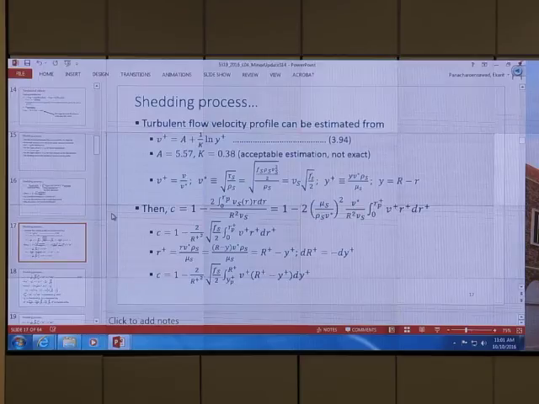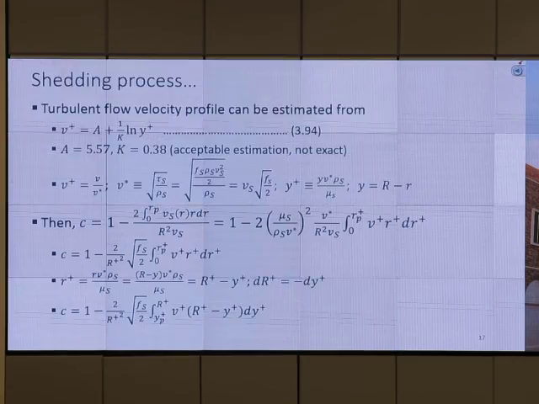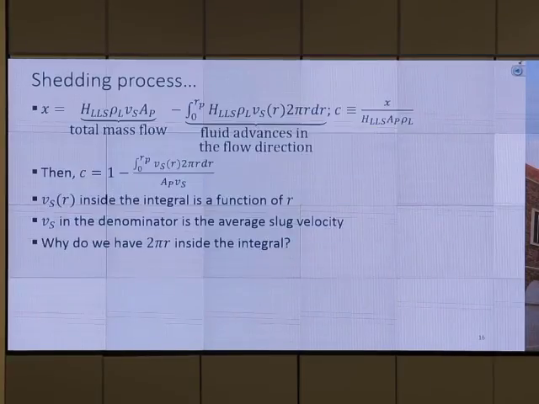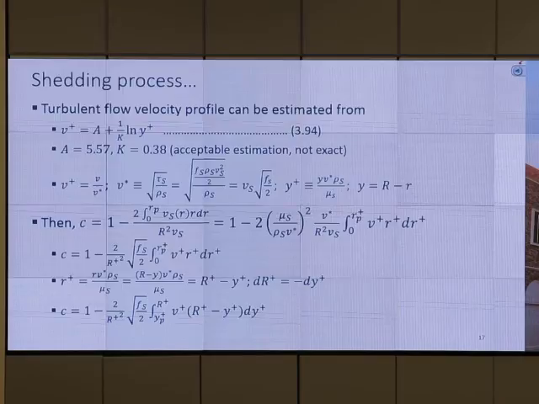I've done the derivation of the first one. Did you plot the velocity profile? No, I haven't done it yet. Do you know how to plot the velocity profile? I'm not exactly sure which parameter to vary.